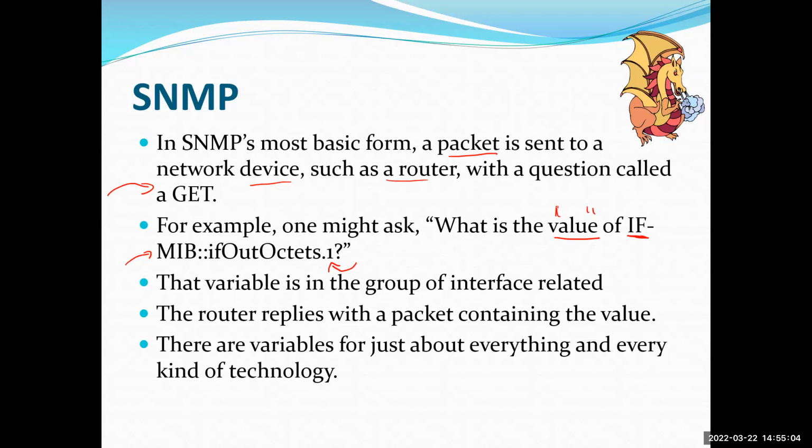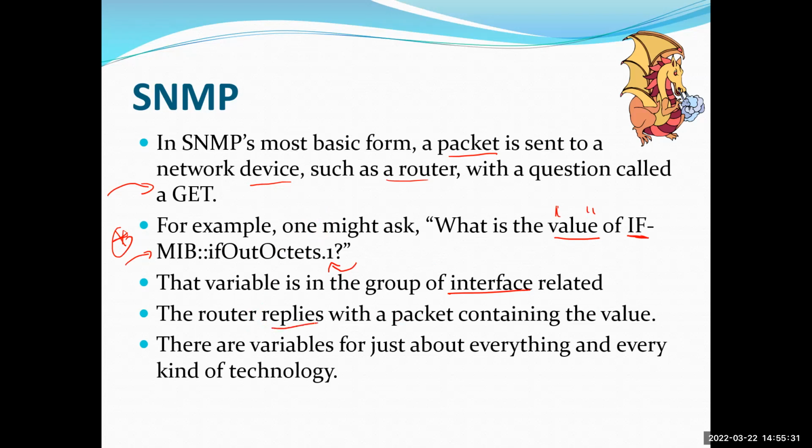So as you can see here in the description, this just says that this variable here, this one, is in the group of interfaces. And we all know our computers have interfaces. We deal with that all the time. The router then, as part of the process, because you sent out a get query, receives that query, and now it's going to reply.